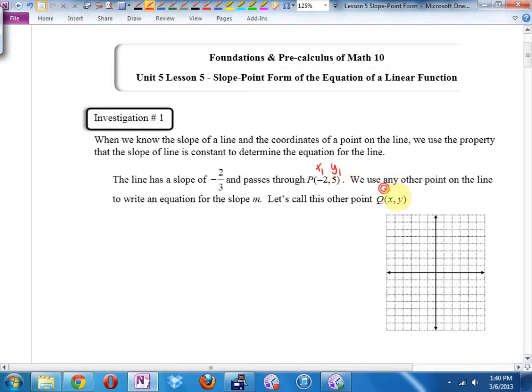This is x2, y2. And we're going to use the slope equation that says y2 minus y1 over x2 minus x1 equals the slope.